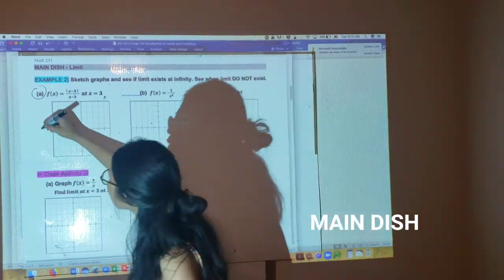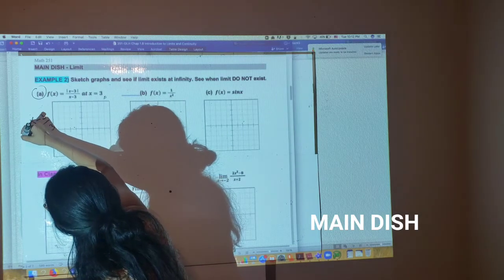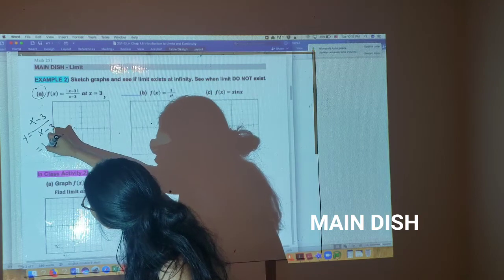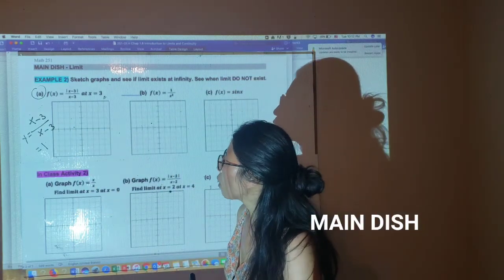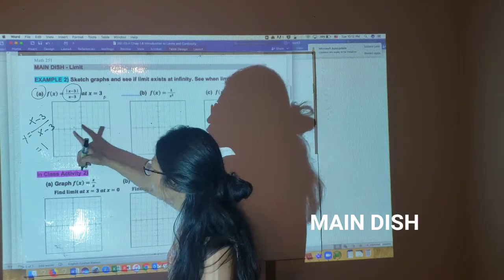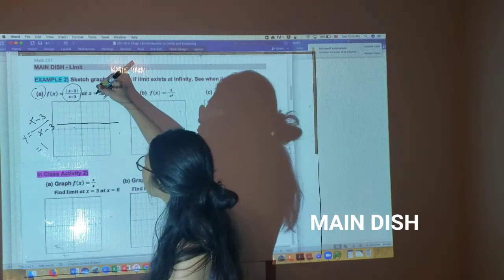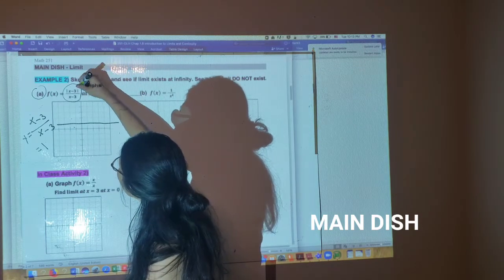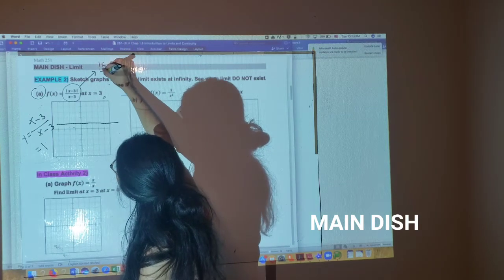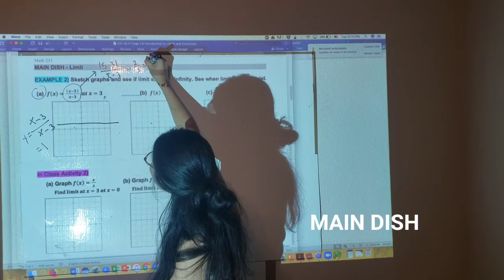So earlier we studied equations of the kind x minus 3 over x minus 3. If I have this one, what's it going to be? This is going to be equal to 1, right? However, now I want you to look at this graph by plugging in some points. If I plug in the number 5, that's going to be the absolute value of 5 minus 3 over 5 minus 3, which is 2 over 2, so 1.